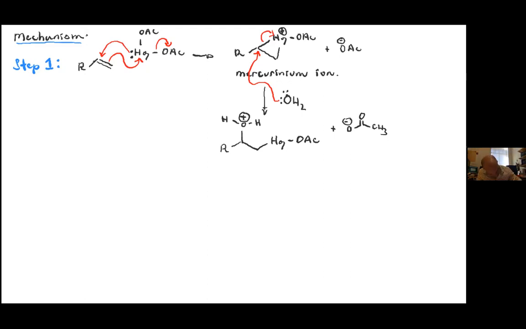So I can take a lone pair on my acetate and have that come over, pick up the proton, push electrons down. That neutralizes the product, and so you wind up with your organomercury intermediate, plus acetic acid.